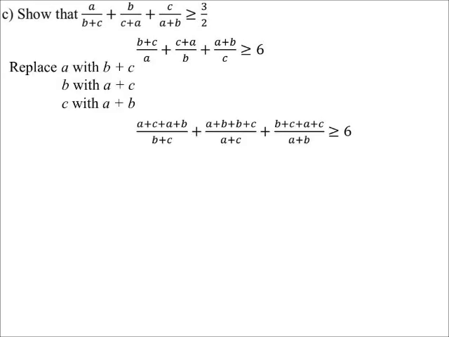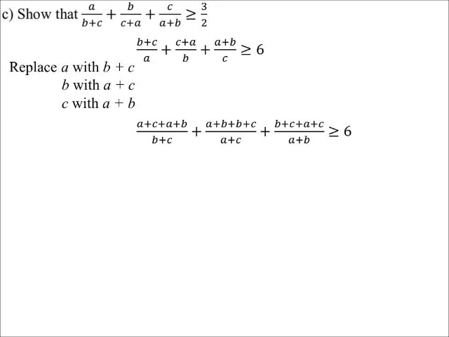We're now going to show that a on b plus c plus b on c plus a plus c on a plus b is greater than or equal to 3 on 2. So we just proved that. But hey, let's replace a with b plus c, because now I want 2 terms in the denominator.